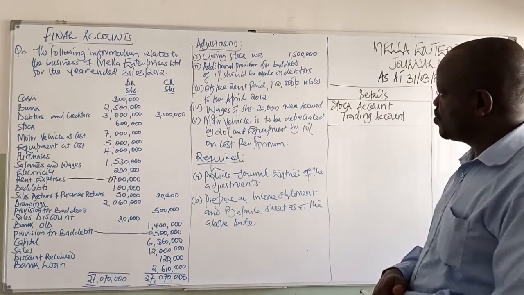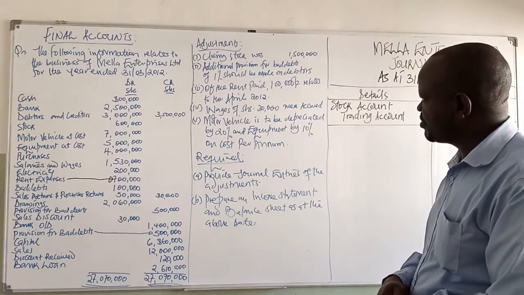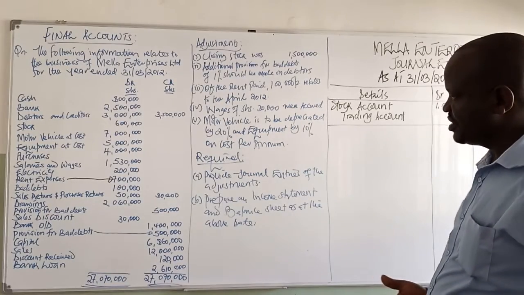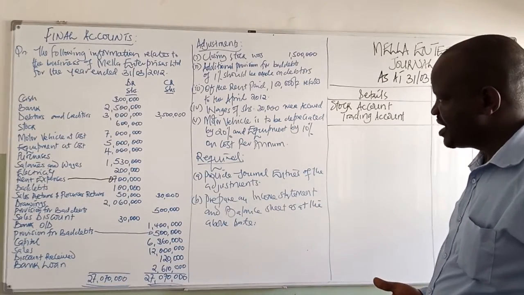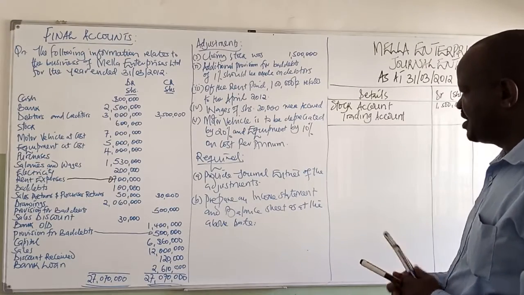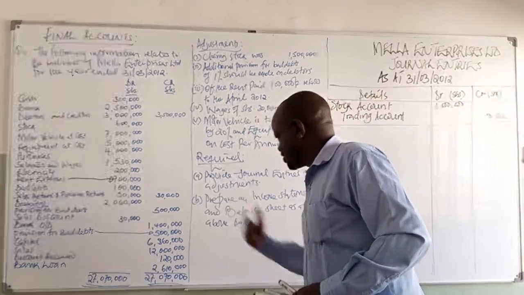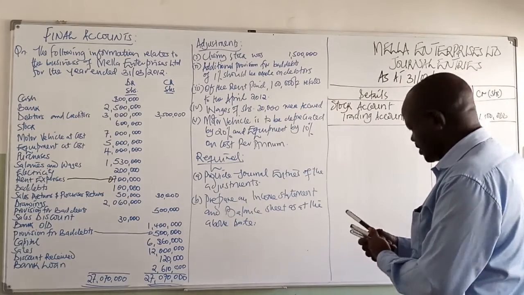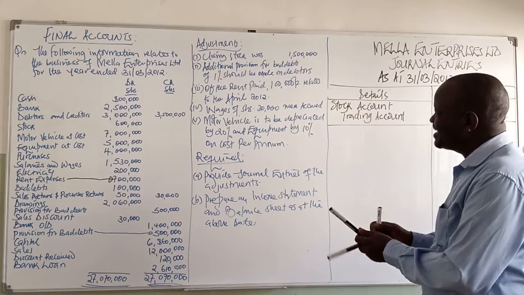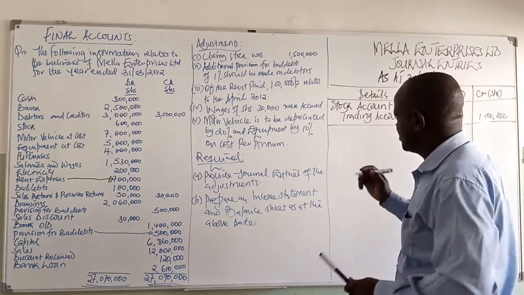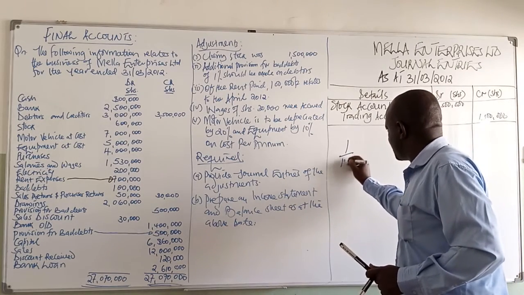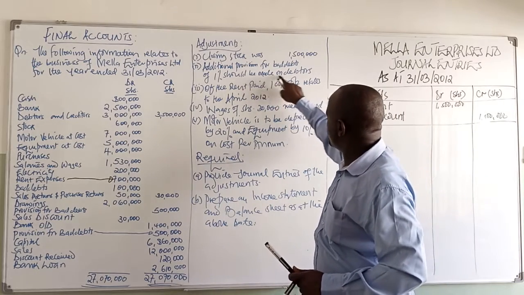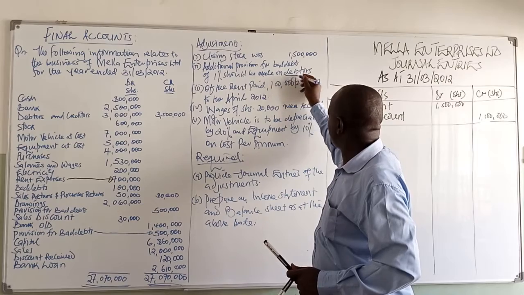So we go on to which says additional provision for bad debts. And we know that provisions are going to be on the credit side. But now they are saying we add on this. So if it's on the credit side, then it means what we are going to calculate is 1%. So it is 1 out of 100 times, because they are telling us it should be made on the debtors.